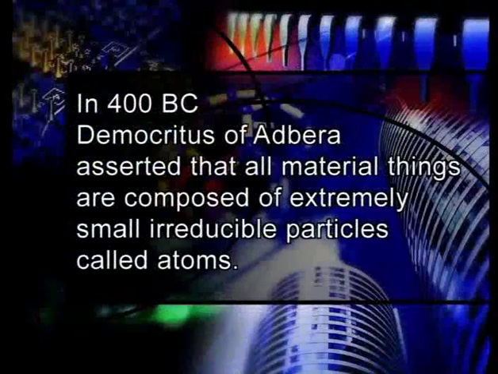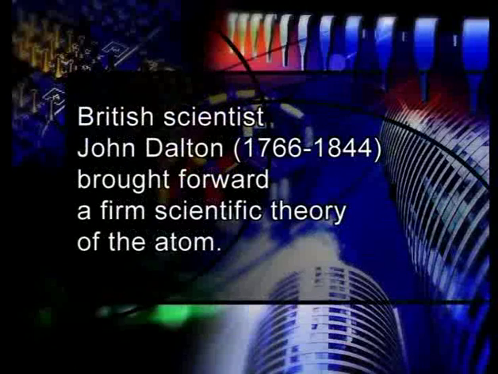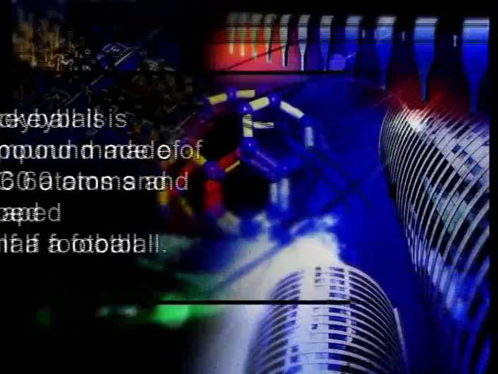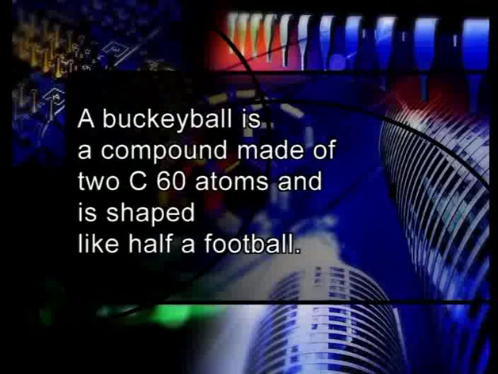In 400 BC, Democritus of Abdera asserted that all material things are composed of extremely small, irreducible particles called atoms. British scientist John Dalton brought forward a firm scientific theory of the atom. A buckyball is a compound made of 2 carbon-60 atoms and is shaped like half a football.